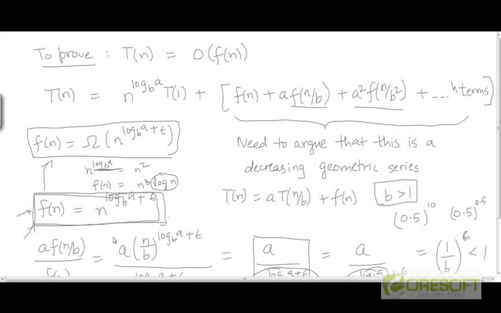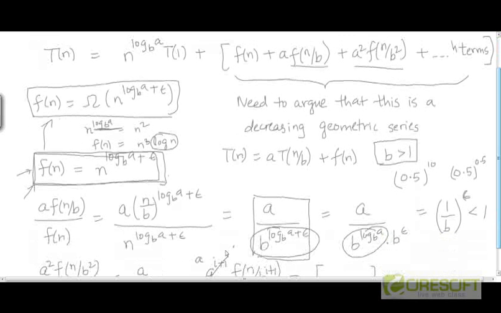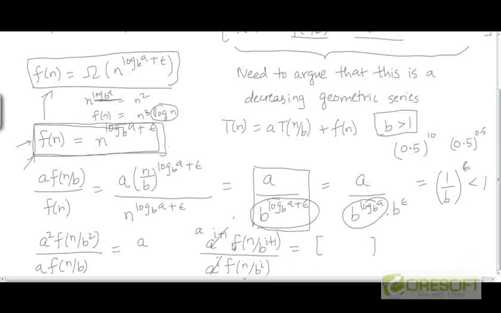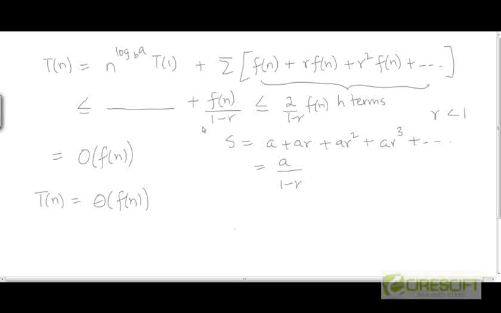So if it's a power of n, we have exactly proven that the common ratio is going to be less than 1, and it's going to be this fixed constant 1 by b to the power epsilon, in which case T of n is something we prove to be in big O of f of n.